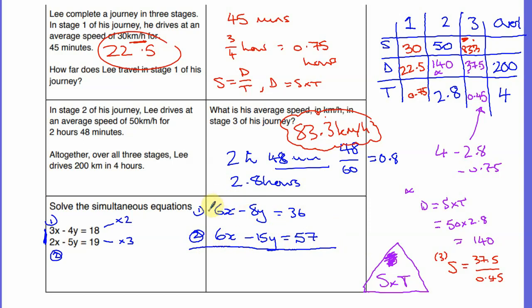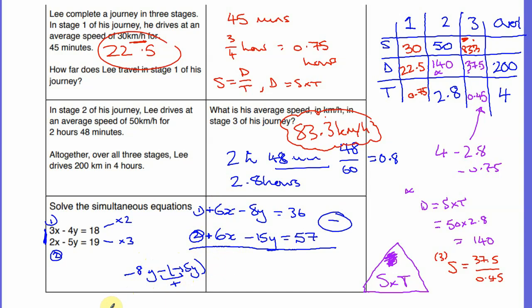These are both positives here. So when they're both the same sign with the same number at the front, we want to subtract them from each other. So if I subtract these equations, 6x take away 6x is 0, minus 8y, subtract minus 15y. Remember, this here, two negatives, subtracting a negative will turn into a positive.